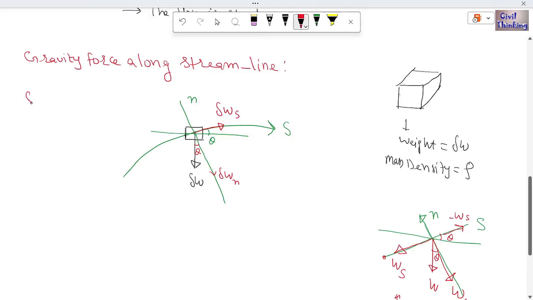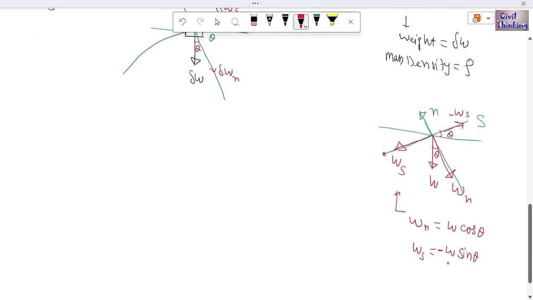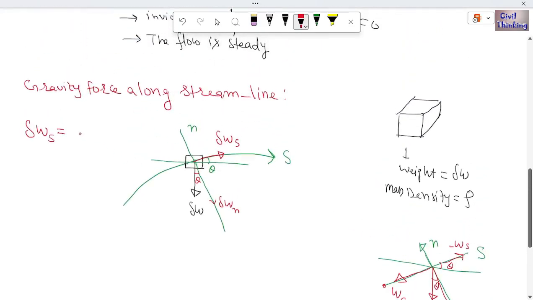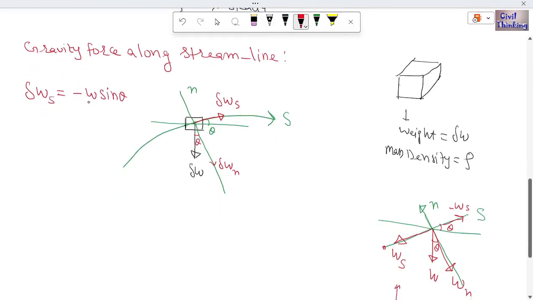So delta W along the streamline is minus W sine theta. Now remember, not W, it is delta W, because the weight is delta W.